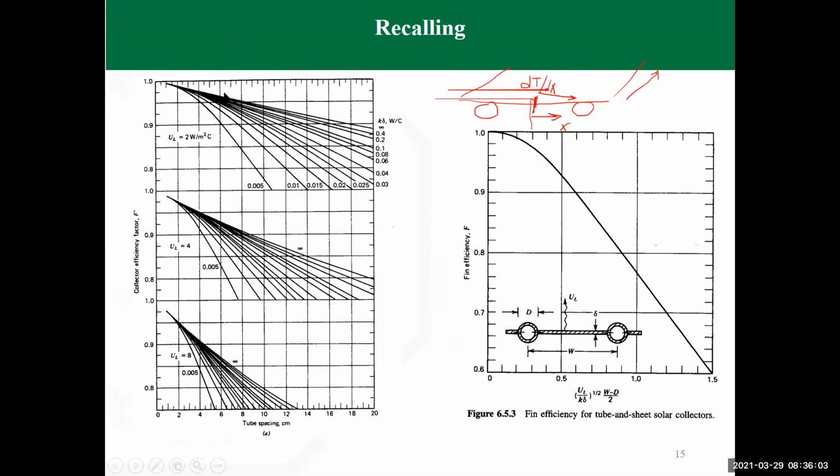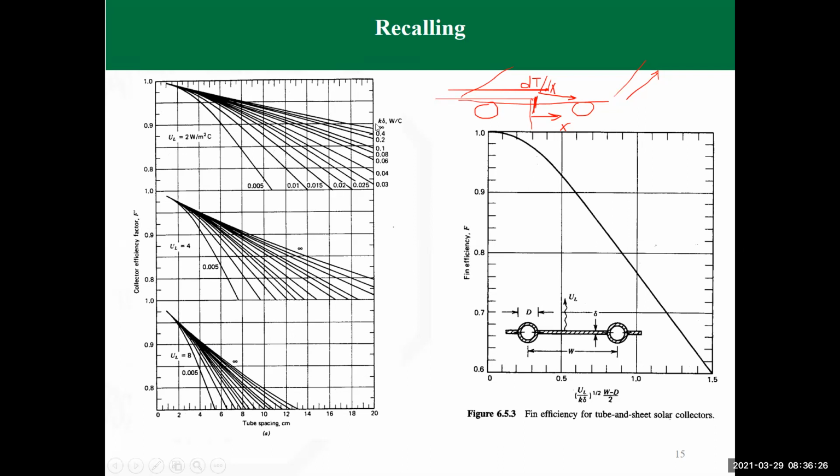We had an expression that can estimate the collector efficiency factor, and then a figure that gives the value of the efficiency factor as a function of the overall loss coefficient, the tube spacing, and for different values of H. That was basically what we have been doing.